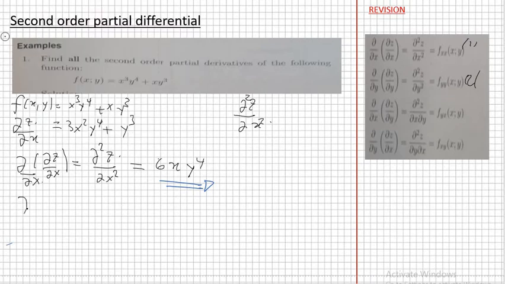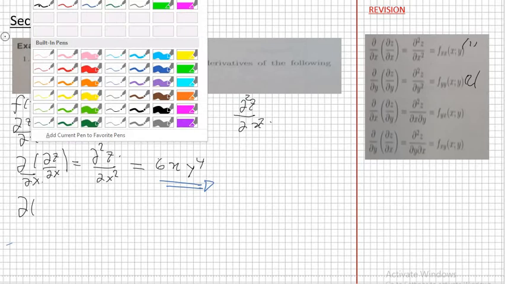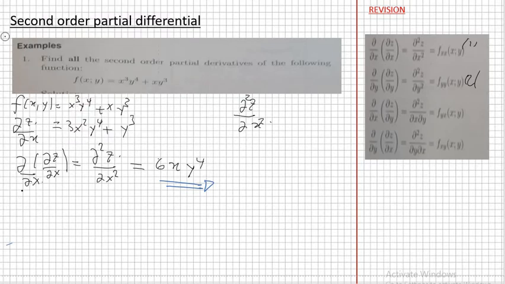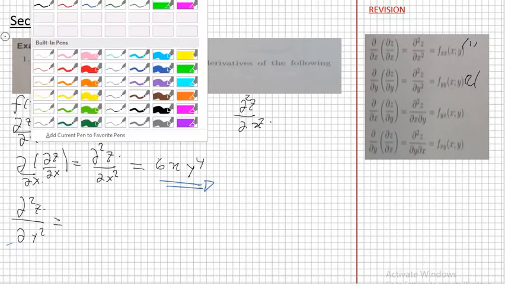So we have the second derivative of the function z with respect to y. Here I first need to find the first derivative.